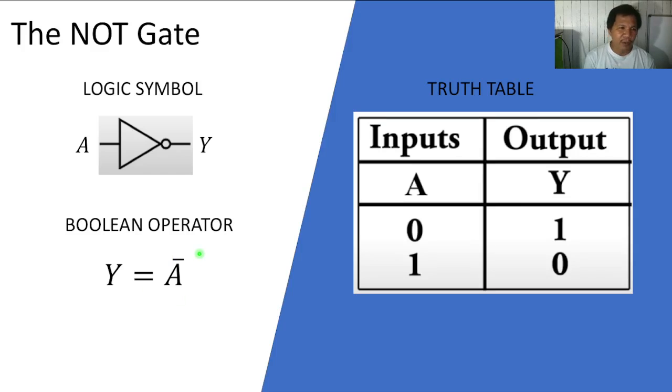So for the truth table, since you have only one input, as I have said a while ago, the number of possible inputs is 2 raised to the number of inputs. So in this case, the number of inputs is 1, 2 raised to 1 is 2. There are 2 possible inputs. So if you have 2 possible inputs, of course you also have 2 possible outputs. That is 0 and 1 only.